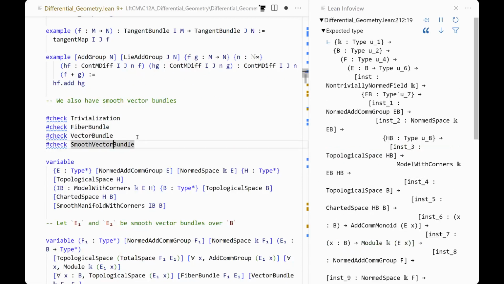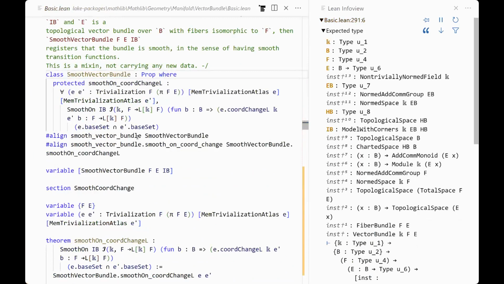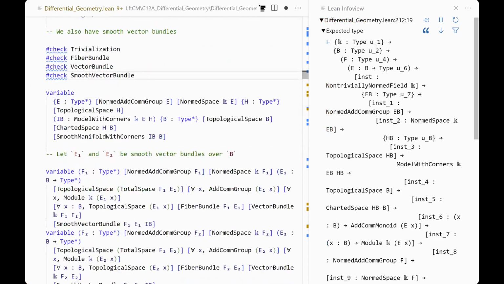And then a smooth vector bundle is saying that the coordinate changes between two of these trivializations are actually smooth maps. So we have all these definitions, and then here I'll show you a little bit of what you can do with that.